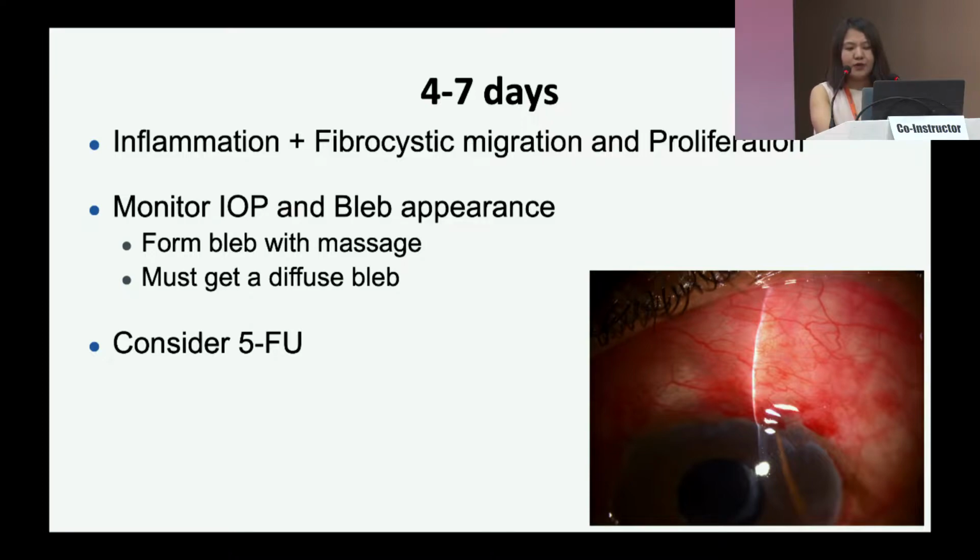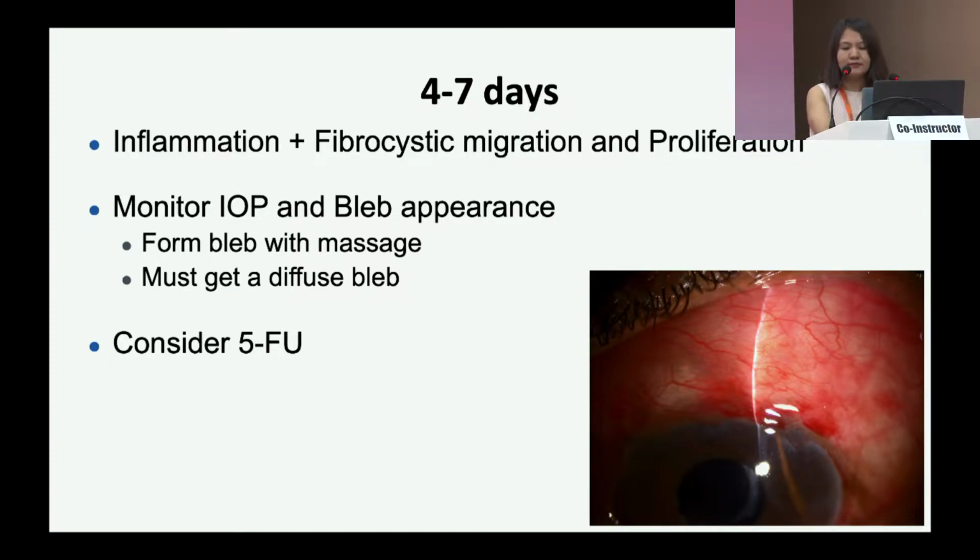Up to 1 week of the surgery, inflammation and fibrocystic migration and proliferation is still going on. We must keep on monitoring the intraocular pressure and look at the appearance of the bleb, and always, as sir has described, keep on giving massage at every visit to form a diffuse bleb.